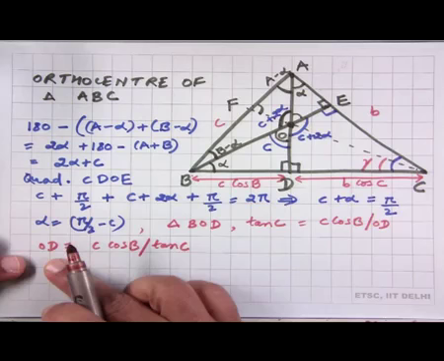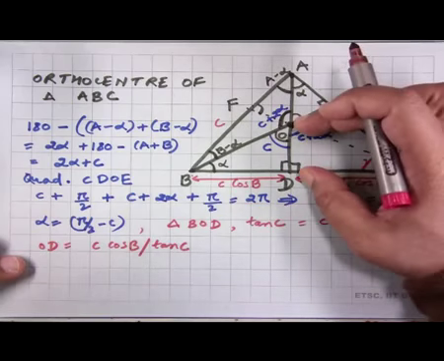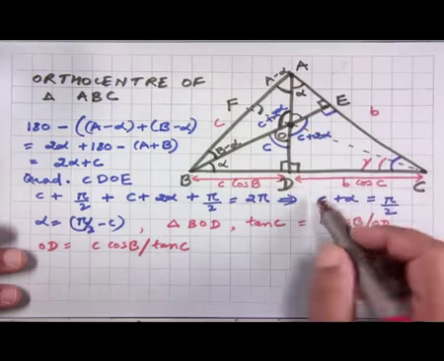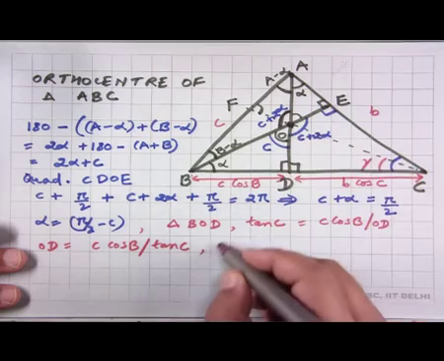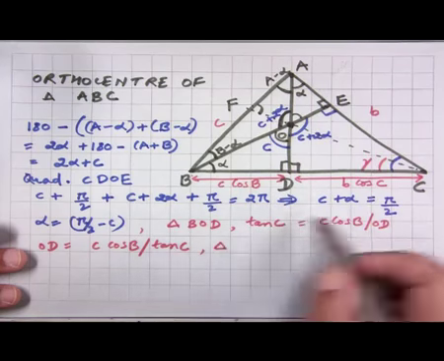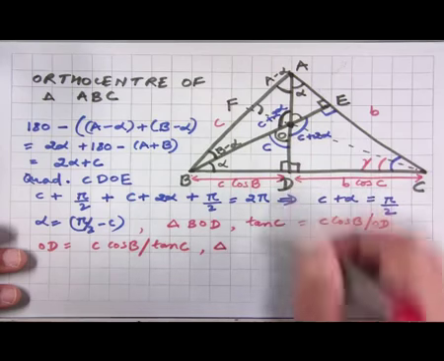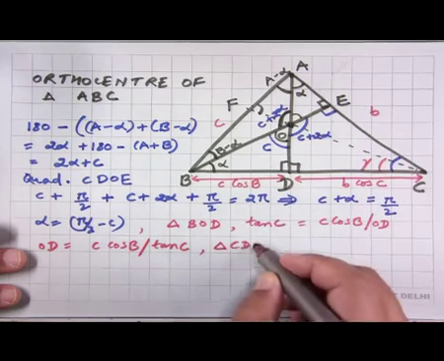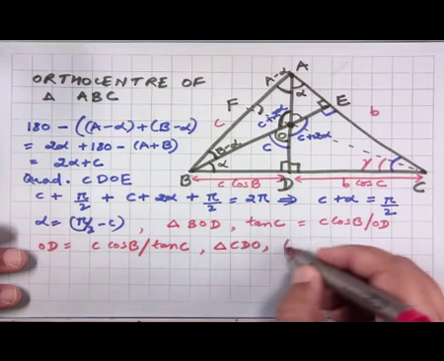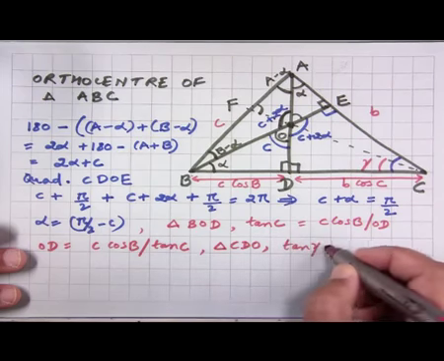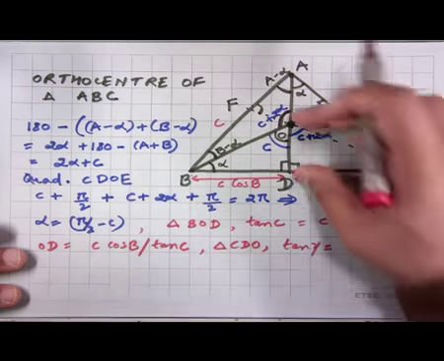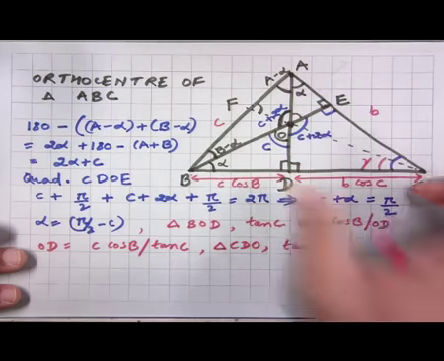So, now we have an expression for this length OD, and then if we look at the other right angle triangle, which is CDO, we see that tan of gamma is equal to OD divided by CD.